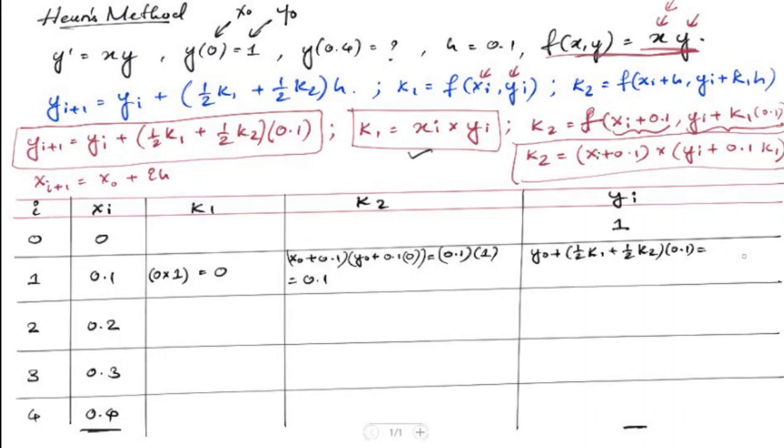So y0 is 1 plus half times k1 is 0, so 0 times half is 0, and then plus half times k2.